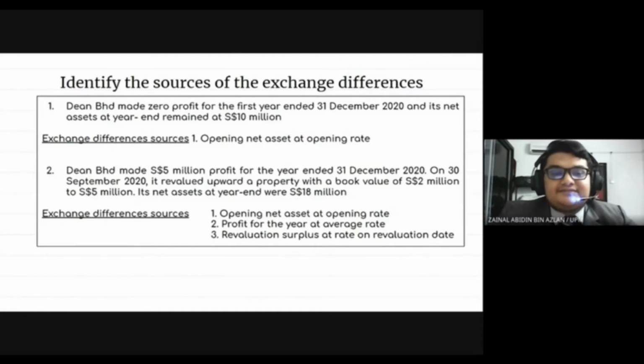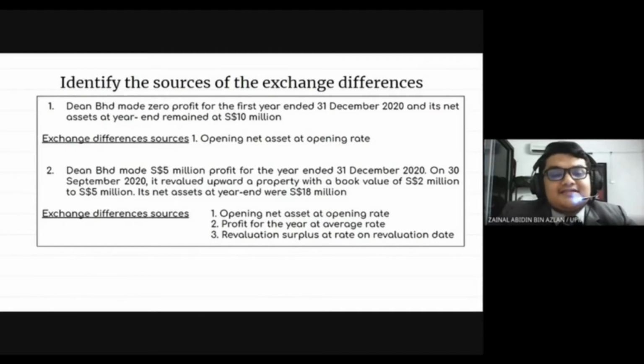Second situation: Din Berhad made Singapore dollar 5 million profit for the year ended 31 December 2020. On 30 September 2020, it revalued upward a property with a book value of Singapore dollar 2 million to Singapore dollar 5 million. Its net asset at year end was Singapore dollar 80 million.